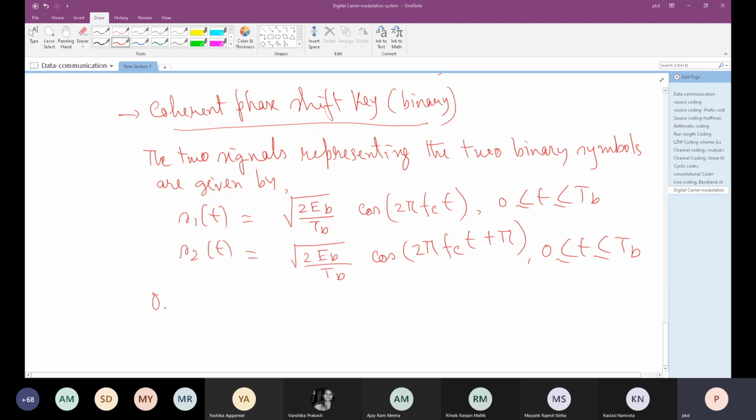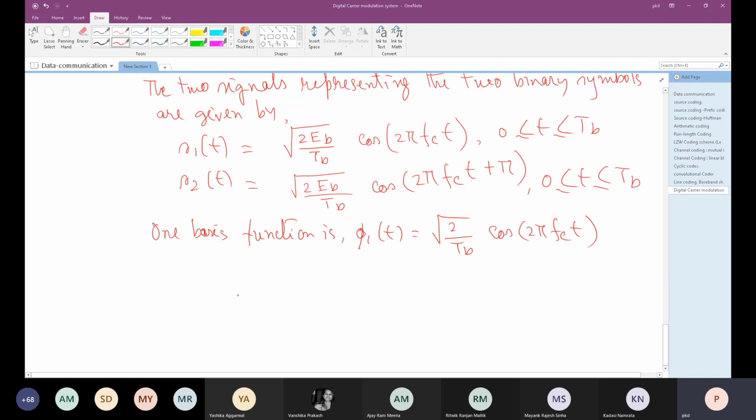So one basis function of course is root 2 by TB cosine of twice pi FCT, and another. So with that, of course, we can represent both.